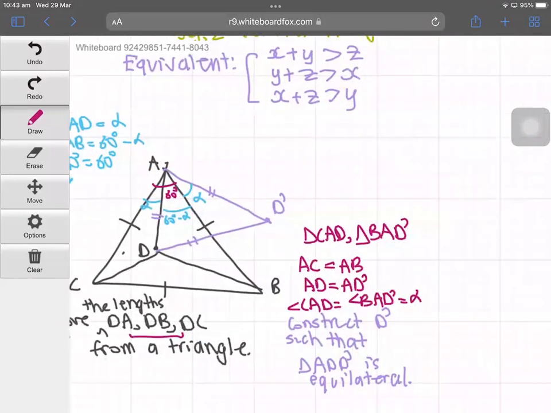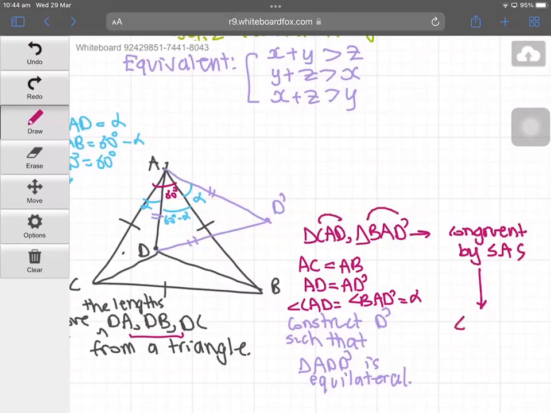So the two triangles are congruent by SAS. And now, if we compare the lengths, we will get CD is equal to BD prime. So this length over here is equal to this length over here.